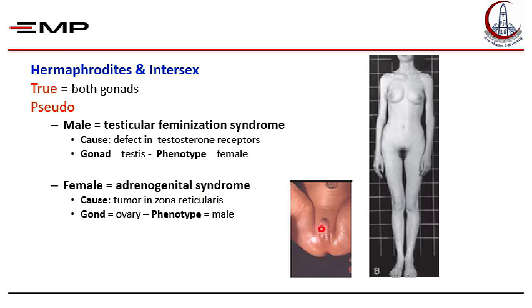Testosterone causes the external appearance of the genitalia to be similar to male. The clitoris is enlarged to appear like a small penis. The two labia majora are almost fused, forming what looks like a scrotum.